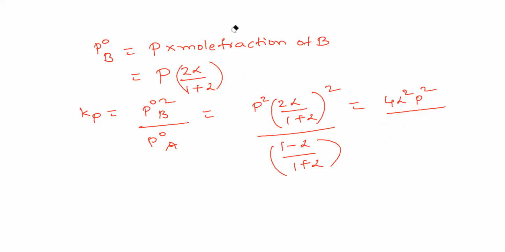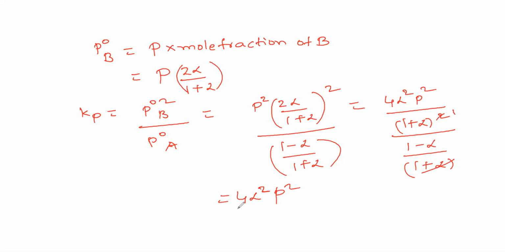This we can take as 4 alpha square, numerator P square by 1 plus alpha whole square, divided by 1 minus alpha by 1 plus alpha. So 1 plus alpha, 1 plus alpha, one factor cancels. This 1 minus alpha will come to the numerator and 1 plus alpha will come to the denominator.